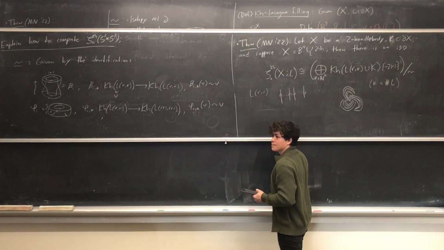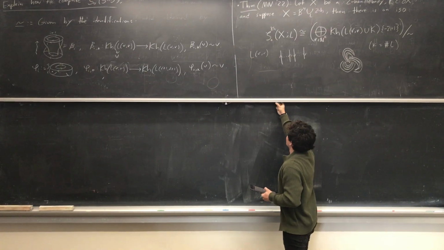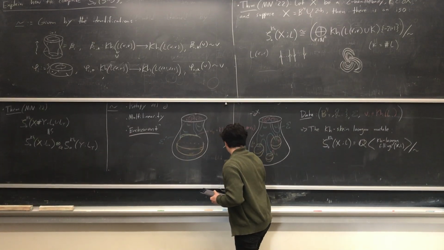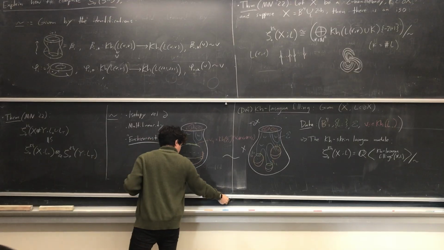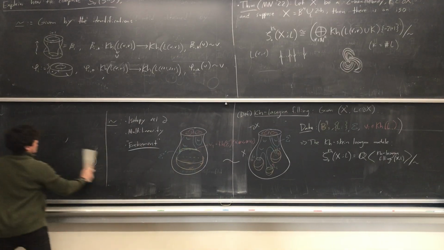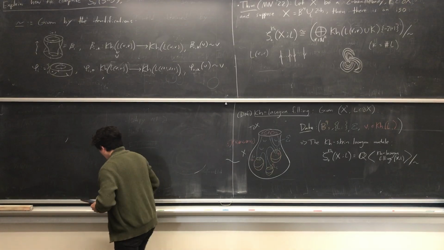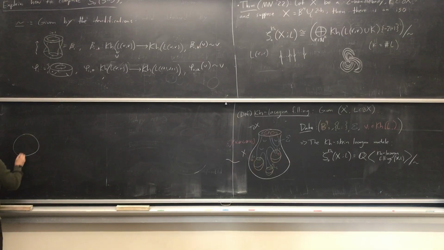And how do you show something? Oh, it's a great proof. The sketch is, can you go lower? Yeah, okay. Here's the sketch. Imagine this is your four-ball.